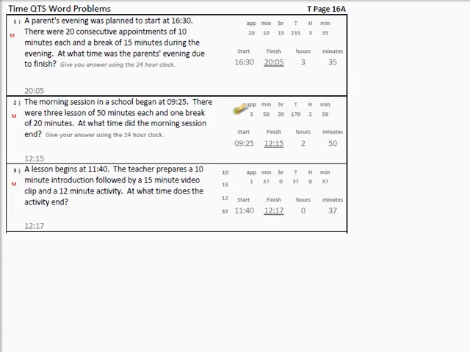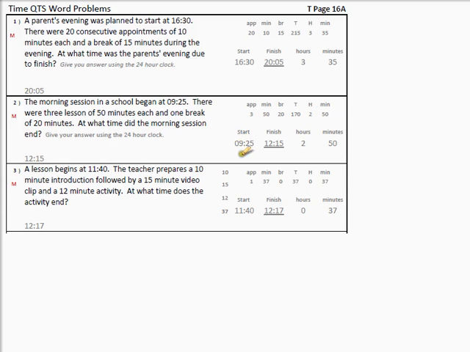I try to split up my explanations and answers a bit here. If we look at the next one, the morning session in a school began at 9:25. There were 3 lessons of 50 minutes each and a break of 20 minutes. So 3 times 50 plus the 20 gives you 170 minutes, which is 2 hours 50.